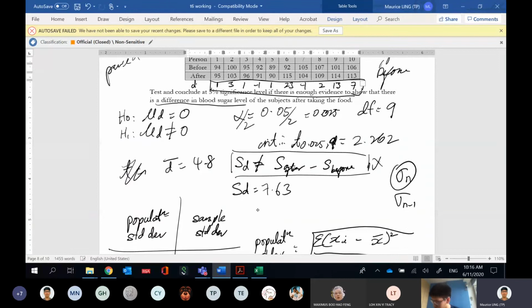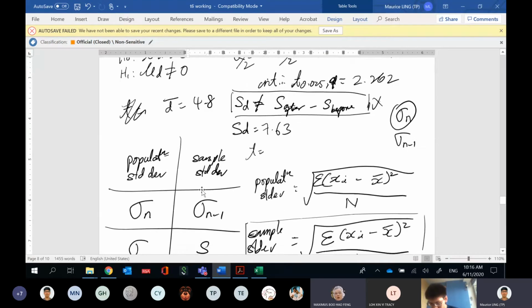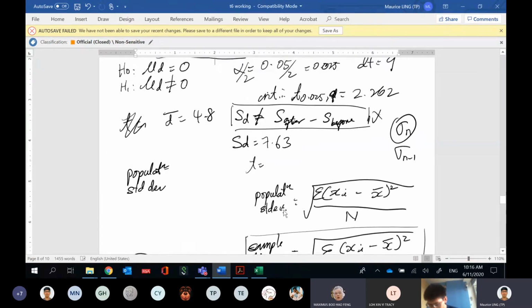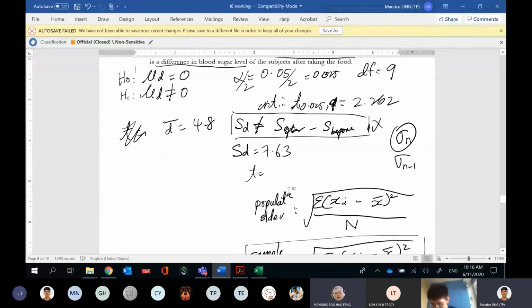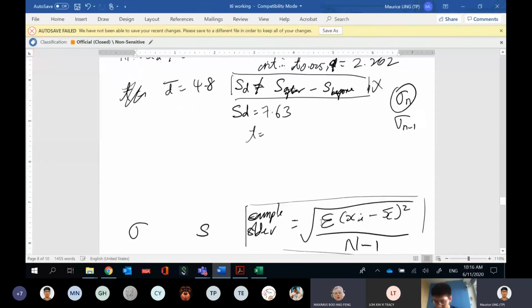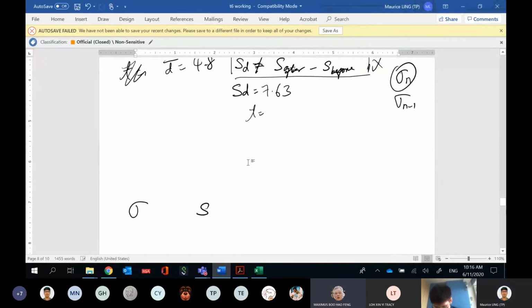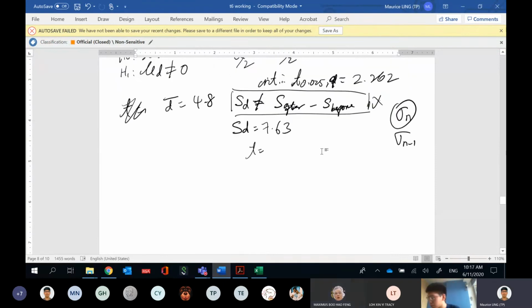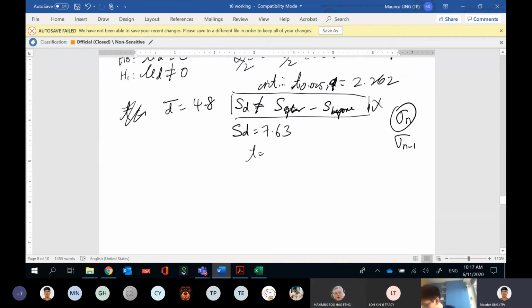Then what is your t? 1.98. Okay. How did you get 1.98? What is your equation?